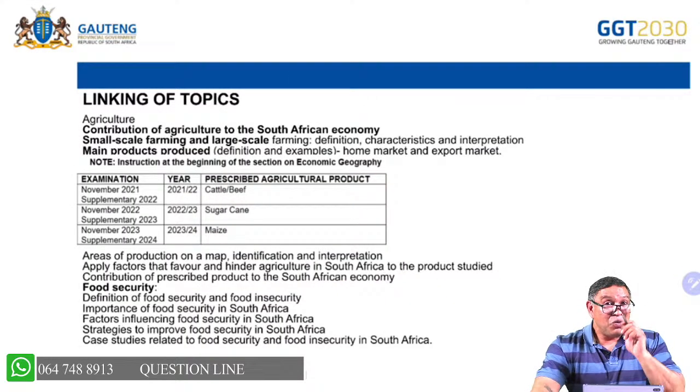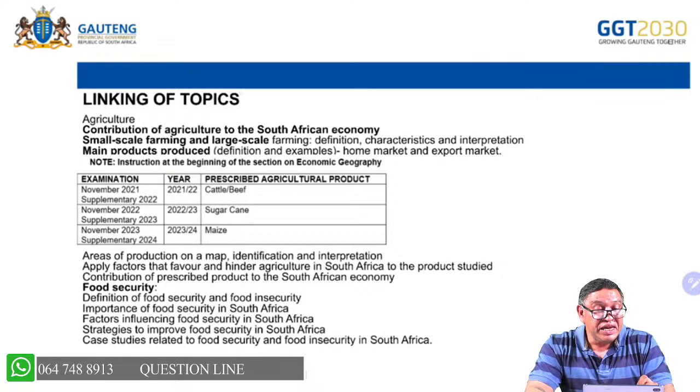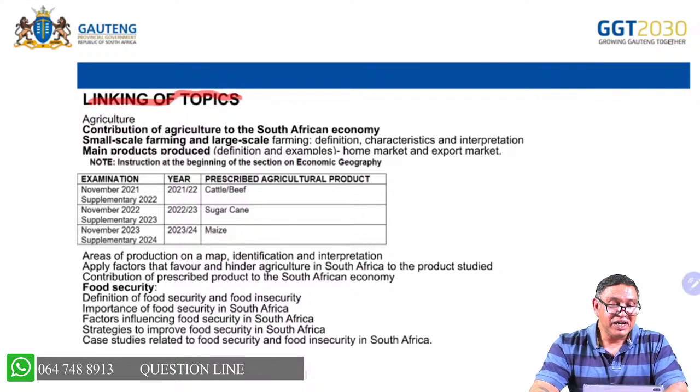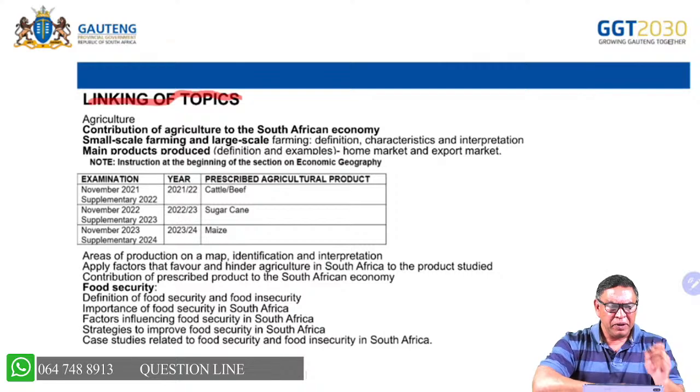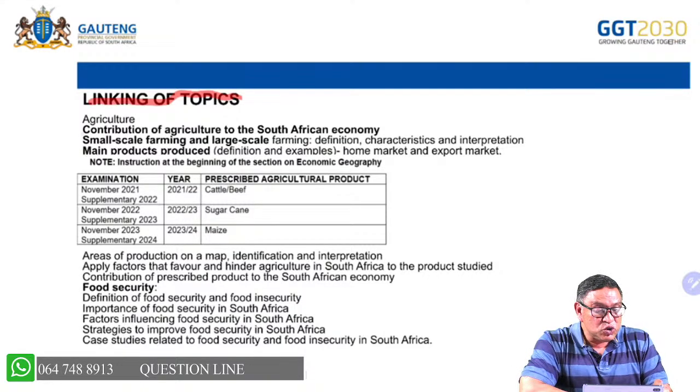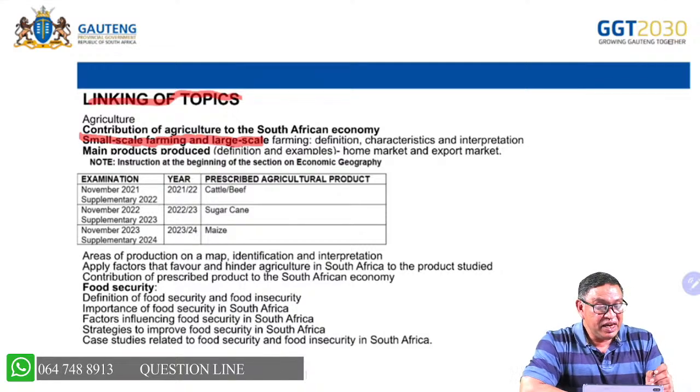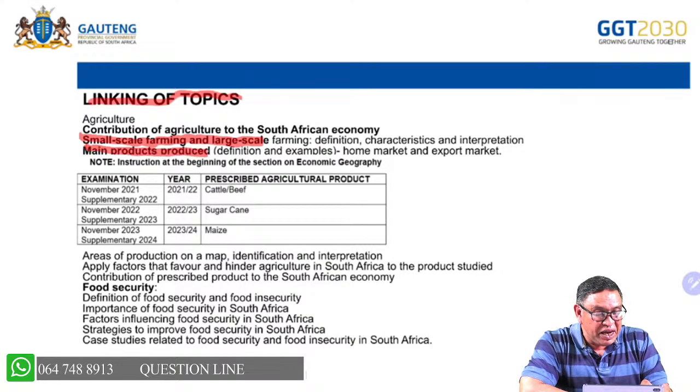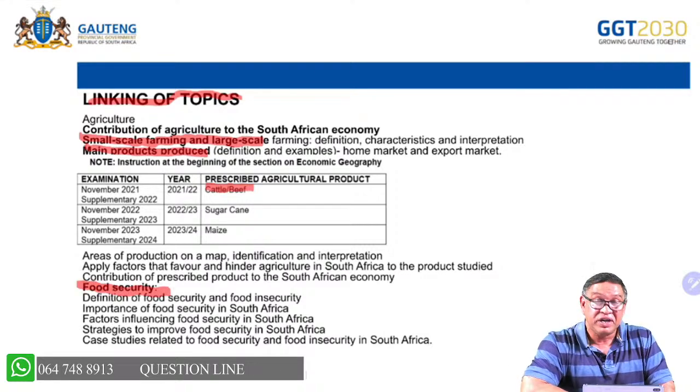Another thing is, when you study, it's important to link topics. All right, I want to show you something here. In this little subsection, it deals with small scale farming and large scale farming. It also deals with the main products, which is beef, and it also deals with food security.